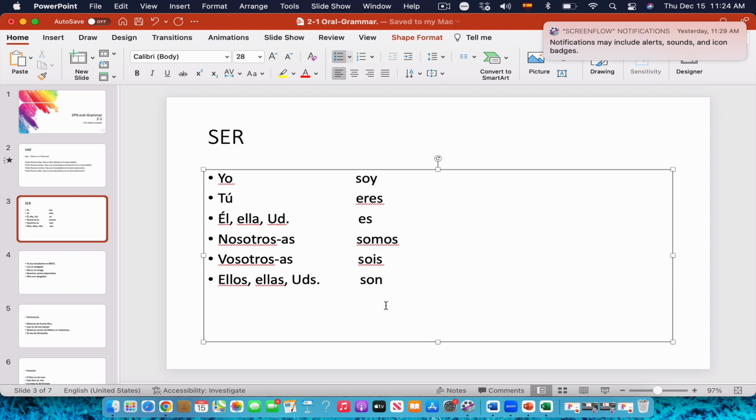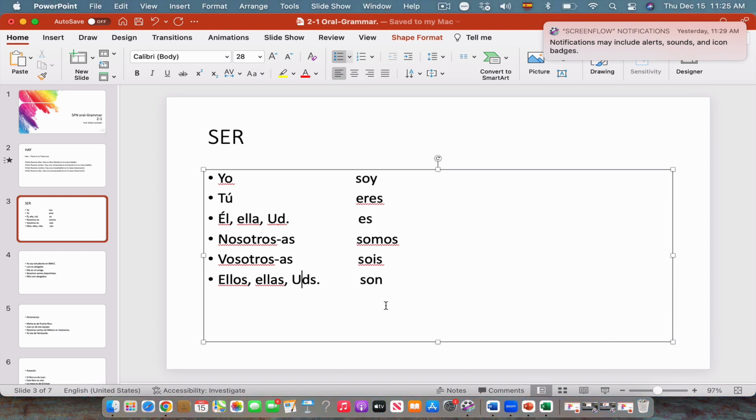So remember, if you want to say I am, you have to say yo soy. If you want to say he is, you have to say él es. If you want to say she is, you have to say ella es. If you want to say we are, you have to say nosotros somos. If the group is all feminine, it's going to be nosotras somos.